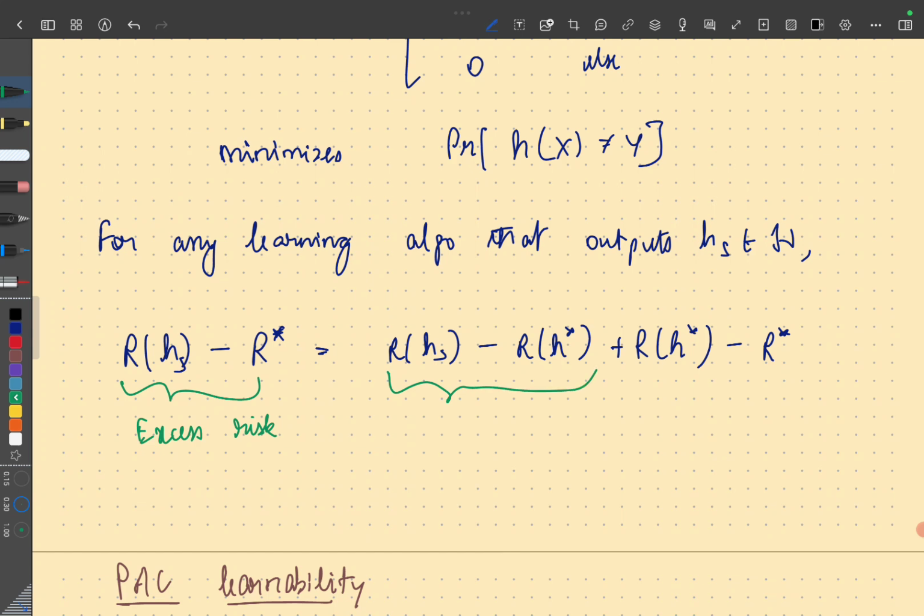One, once you fix your hypothesis class, how close are you to the optimal solution within the hypothesis class? This is what is called the estimation error.